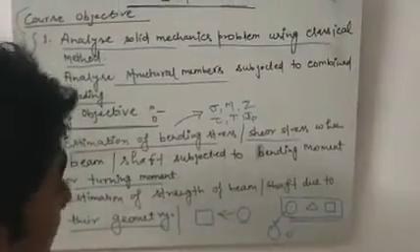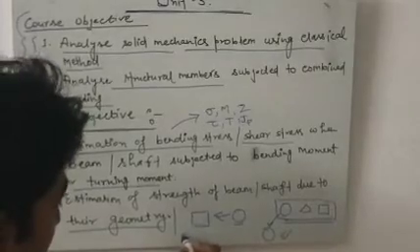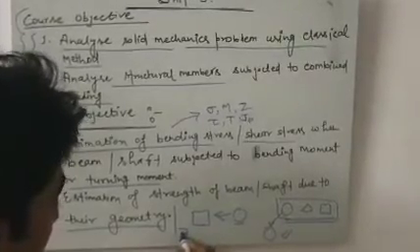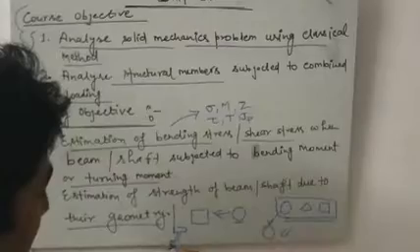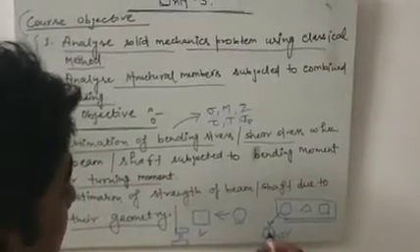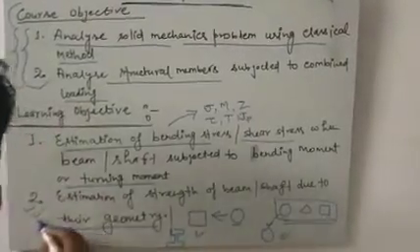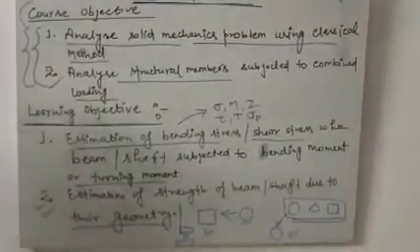So why do we prefer a beam generally of I cross section or rectangular cross section, and a shaft of circular cross section? This second learning objective will answer that.